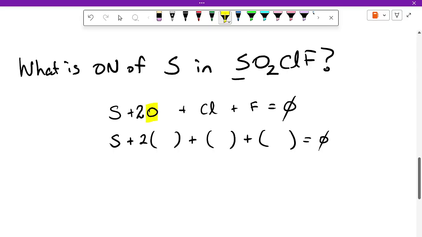So what do we put in for oxygen? -2. What do we put in for chlorine? -1. And what do we put in for fluorine? -1. So we have sulfur, and then we have -4 -6 is equal to 0.